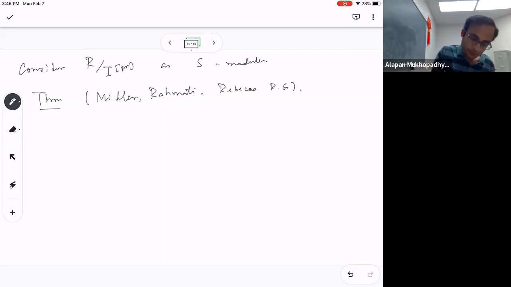It says the following. It says much more, but I will just state the part I need. Fix an odd prime p, and suppose that d is an even integer.